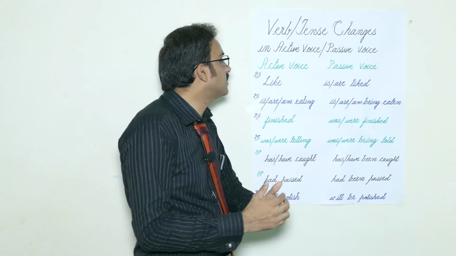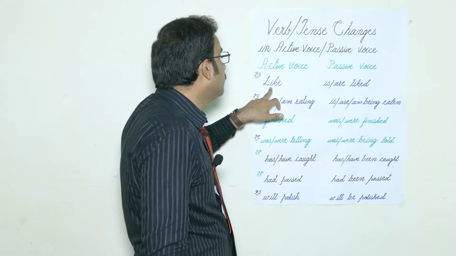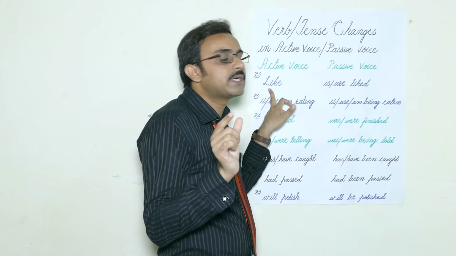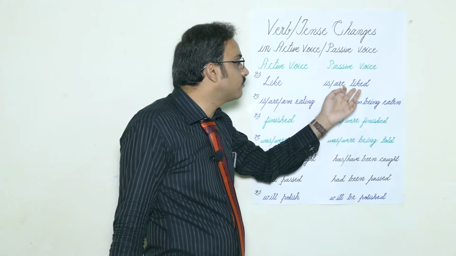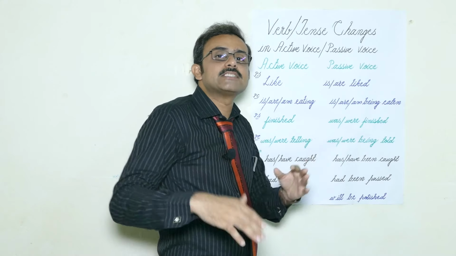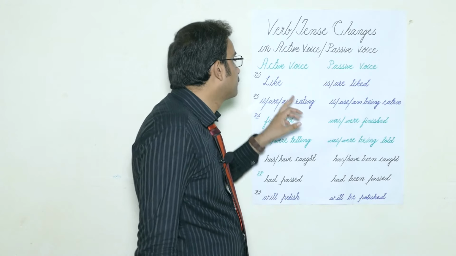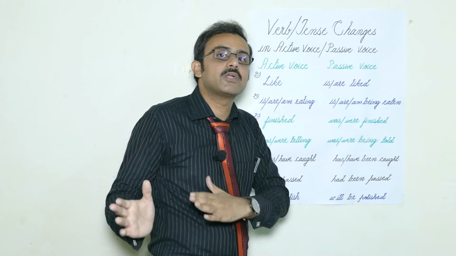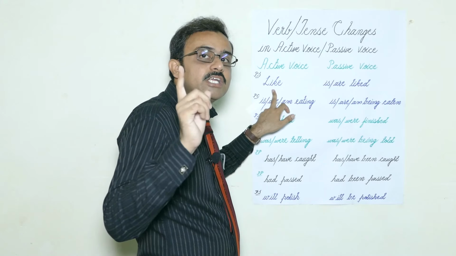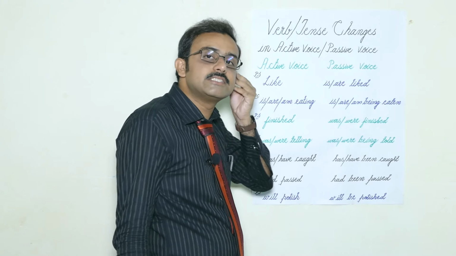If we are making a sentence of present simple, what do we use? We use first form of verb, present tense. But in passive voice we always use third form of verb, means past participle. For example, I have a sentence, I like mangoes. Like is first form. It shows that this sentence belongs to present simple.